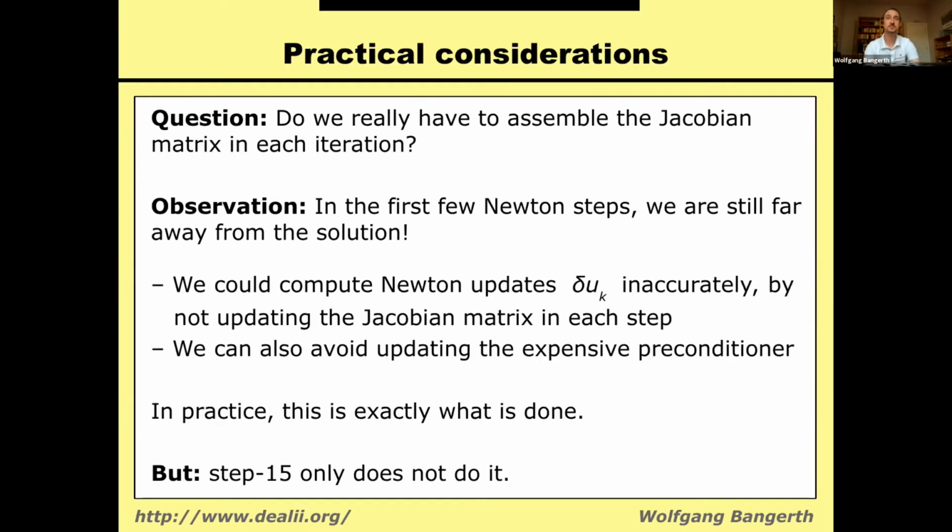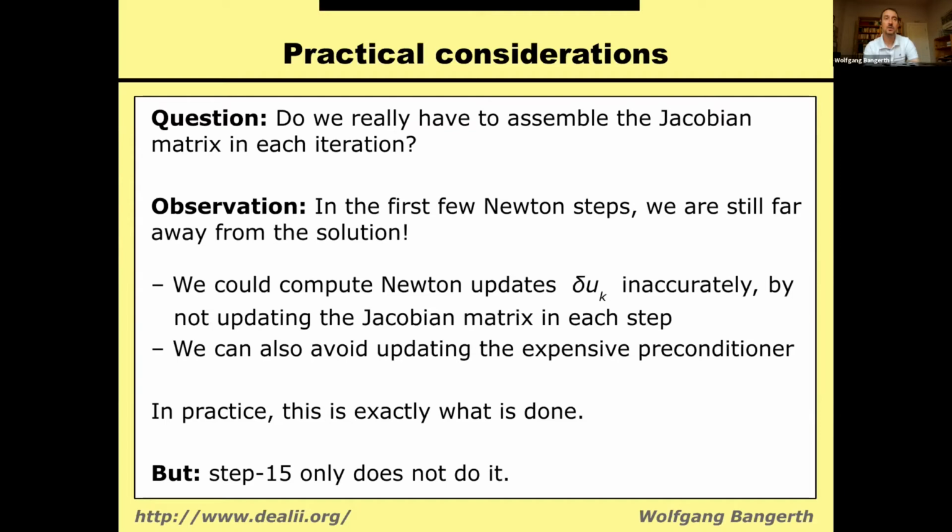And the other part of this is, since we already concluded that maybe we don't need to compute the updates particularly accurately, maybe it's also not necessary that we compute the Jacobian matrix at each step. Assembling a matrix is expensive, and in particular it becomes expensive if you want really good preconditioners. If you had a preconditioner such as algebraic multigrid, it's expensive to set up.